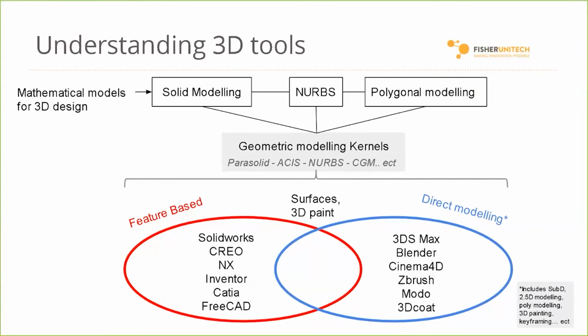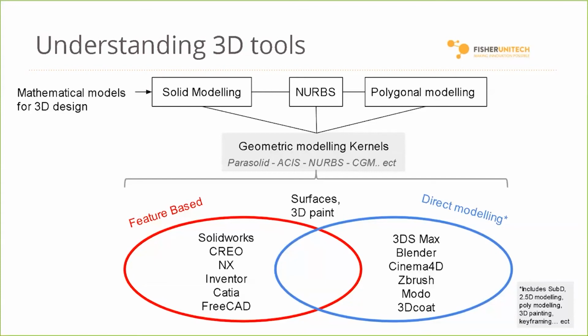These are kind of file types, or a hierarchy for understanding and displaying 3D data on screen. And why I'm mentioning this is that these kernels and file types are what create this different realm of 3D modeling, right?